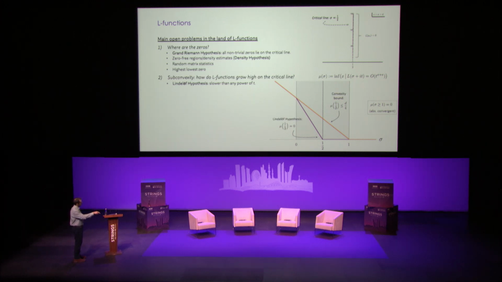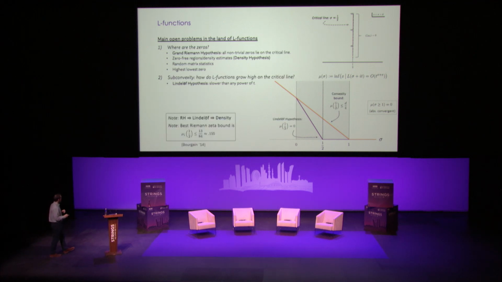So I'm plotting mu against the real part of s. And on the critical line, mu at sigma equals a half is bounded above by d over 4, where d was the degree. Okay. The Lindelöf hypothesis is that actually mu is 0, and then what happens on this half is fixed by the functional equation by what happens on this half. Okay.